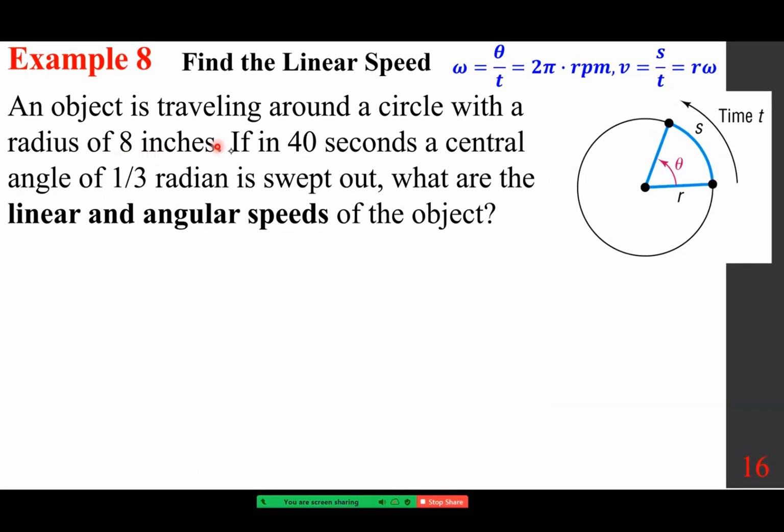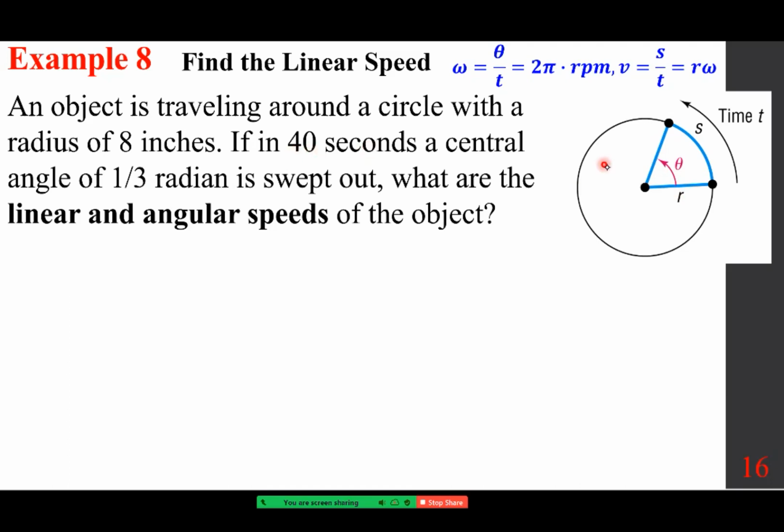Anytime you have a word problem, write the given. So R is 8 inches. In 40 seconds, when time is 40 seconds, there's a central angle of 1/3 radians. So this theta is 1/3 radian that takes place over the course of 40 seconds.